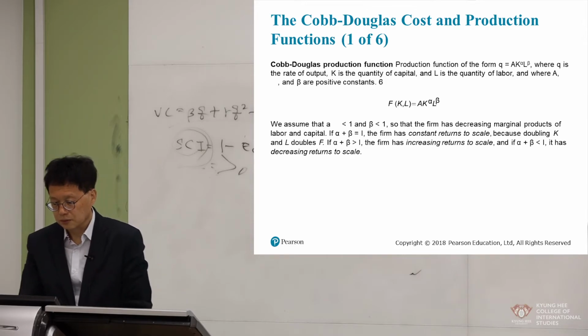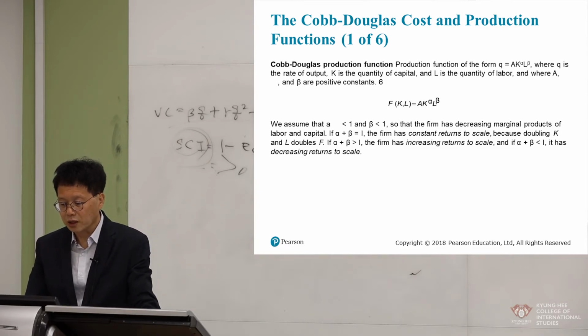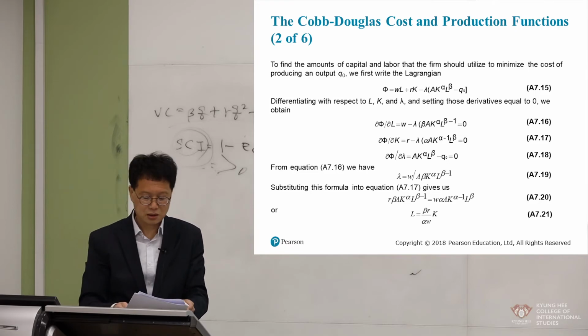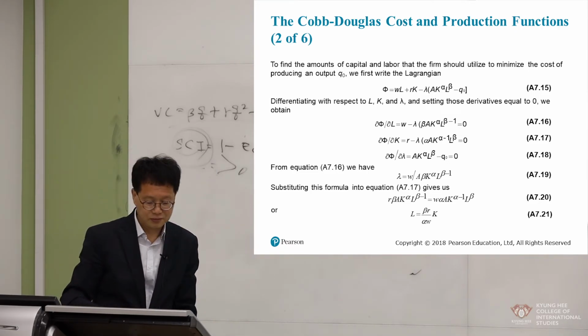When there is cost minimization and the production function is Cobb-Douglas, then solving this one, we can derive optimal labor demand or optimal capital demand and minimize total cost. I'd like to explain this in 1 minute.